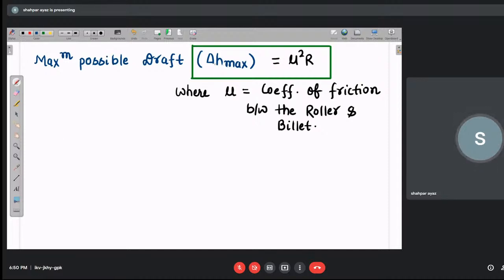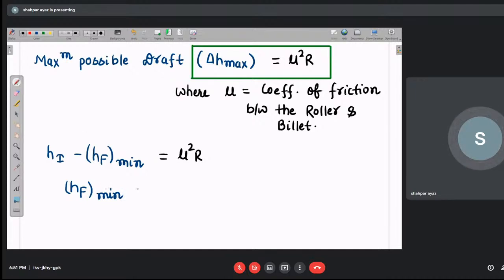So in place of delta H max, you can write H initial minus HF minimum, and then you will get the maximum draft, which is mu square R. If you want HF minimum, the minimum thickness is going to be H initial minus mu square R.